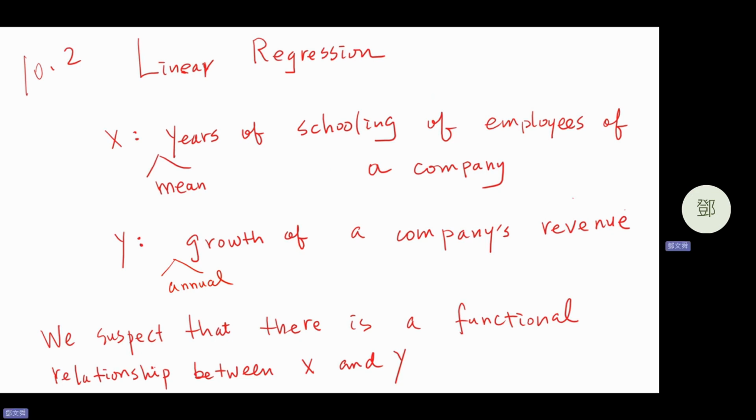a plus bx. Linear. And when it is a plus bx, b is the slope.